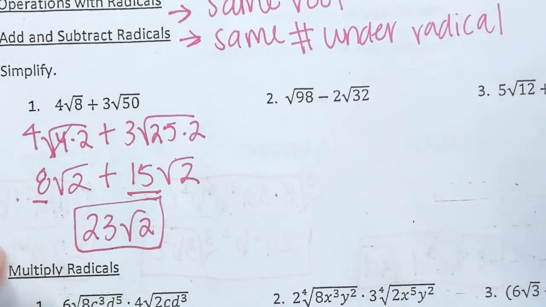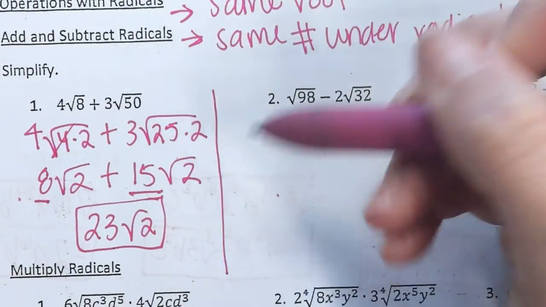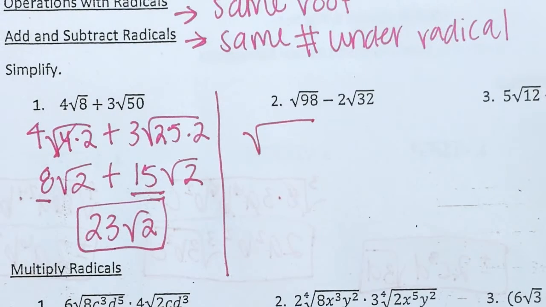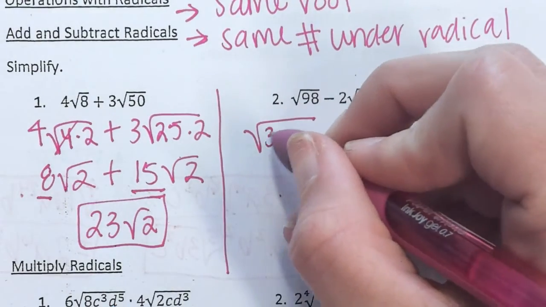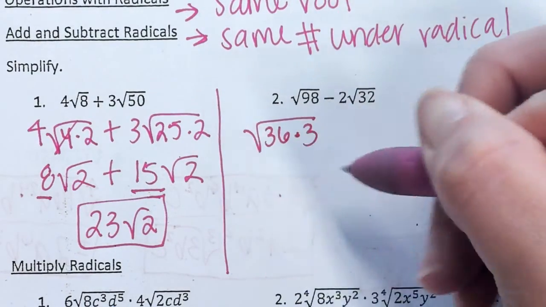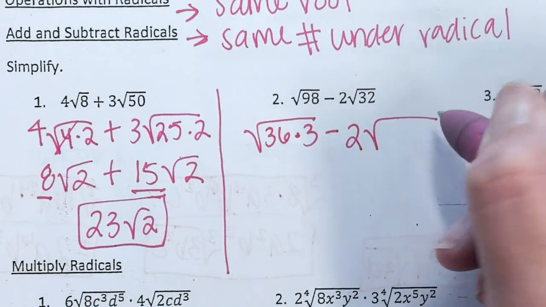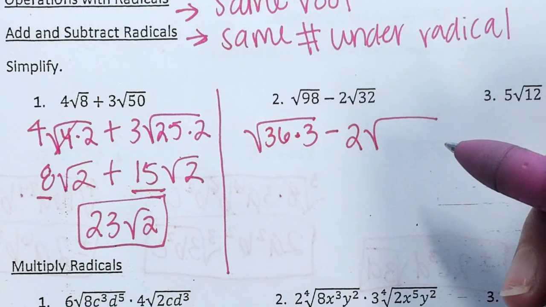Alright, let's start with this next one. 98. Tell me a perfect square that can go into 98. Somebody say 2. 36 times what? 36 times 3. Good. Alright, what's a perfect square that can go into 32?